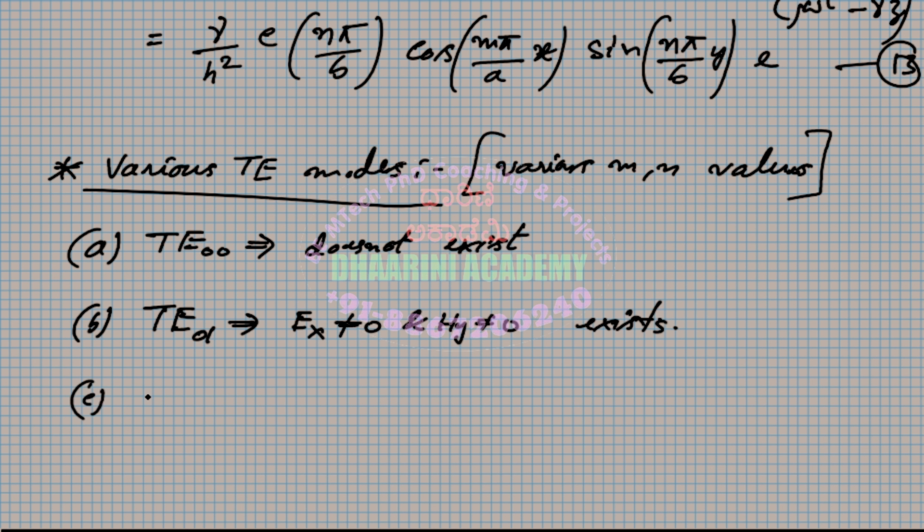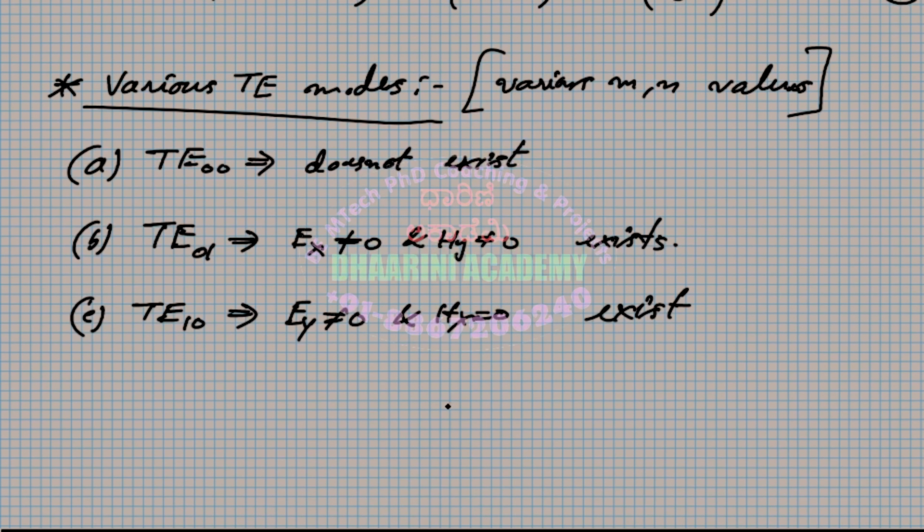All right. Next, I'll try to go for TE10. It's the reverse, right? So we can write that Ey is not 0 and Hx is not 0. So overall, I can say that this particular mode exists in our case. Let's proceed further. The next is D. I want to check TE11.